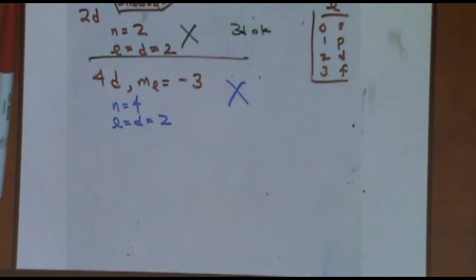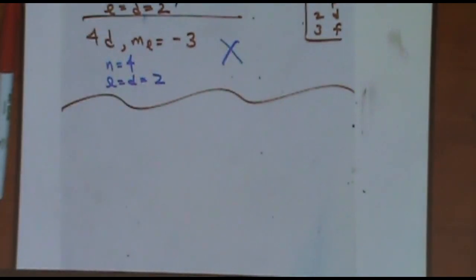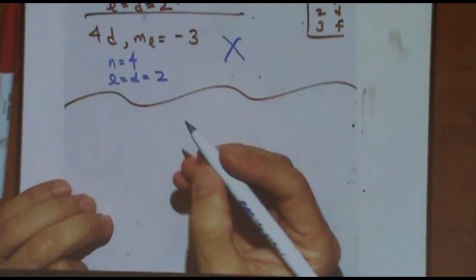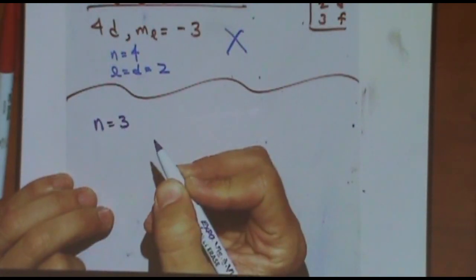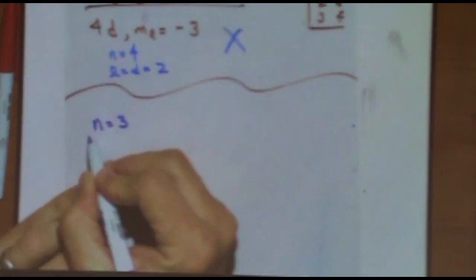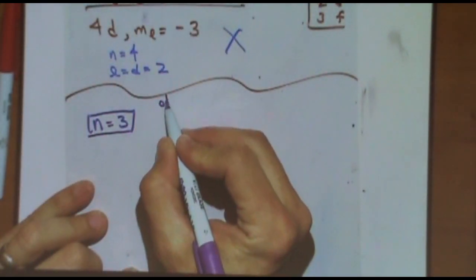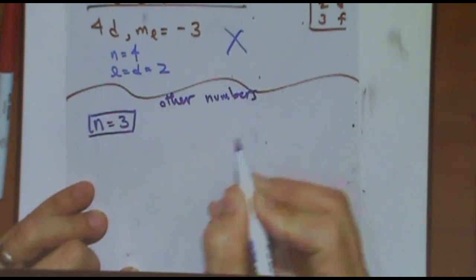Another style of question would be, let's say you have n equals 3, and I want you to write all the other possible quantum numbers. So they give you this, and you want the other quantum numbers specifically.